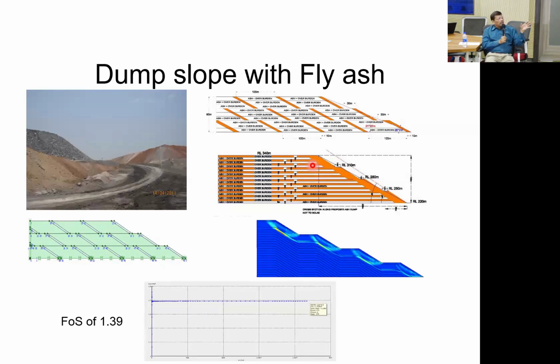But when we put the layer in the slope, that is completely different, because we are creating weak zones. If you put the fly ash, it creates weak zones. But again, it varies from site to site, because fly ash is not the same everywhere; it can change from plant to plant.